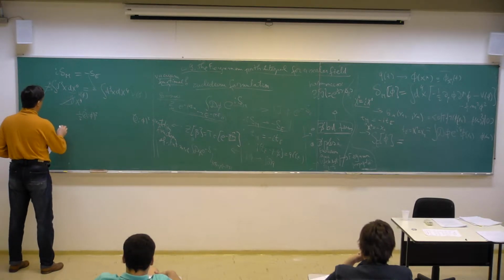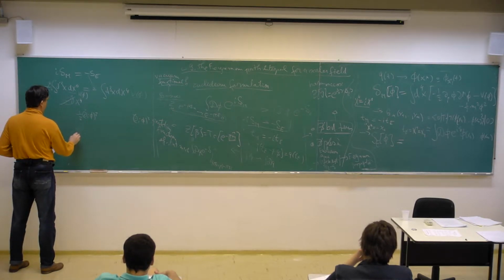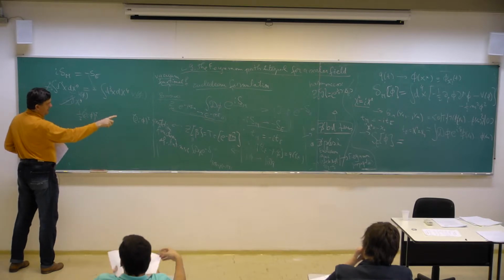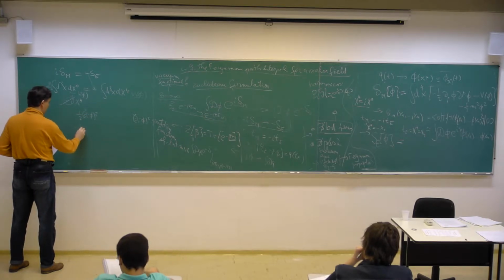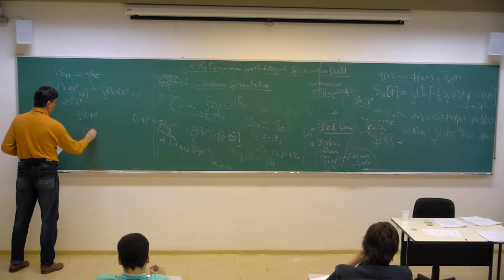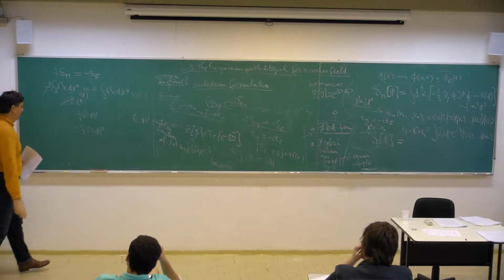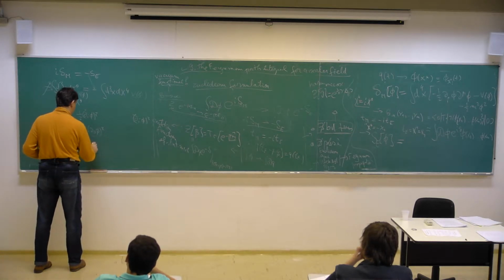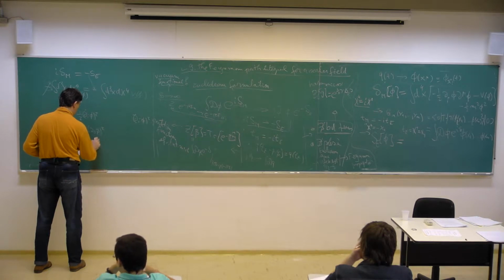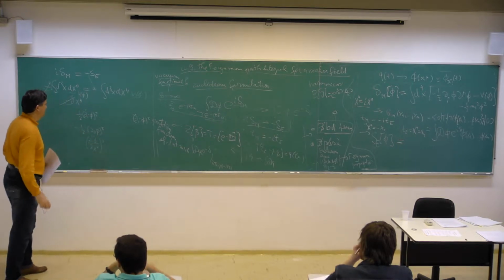And then the term with minus a half then times minus 1/2 d0 phi squared, that is, the derivative with respect to x0 of phi squared, right?